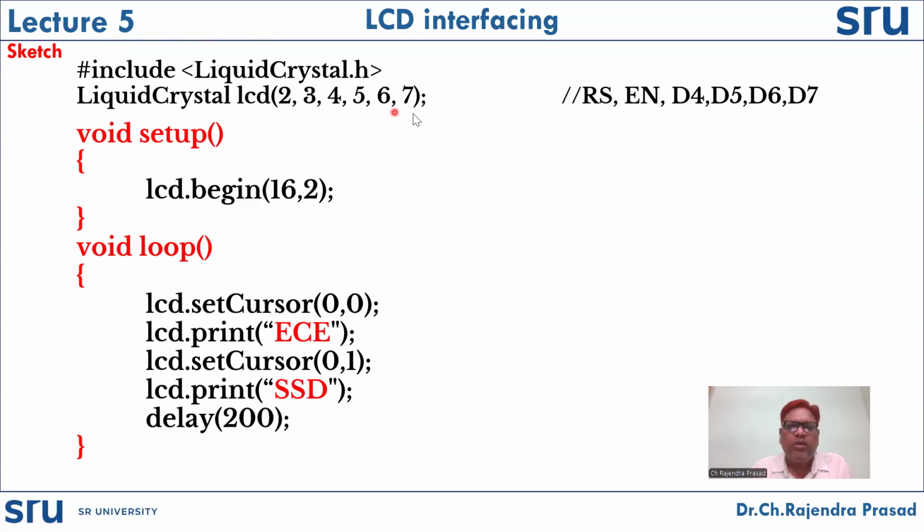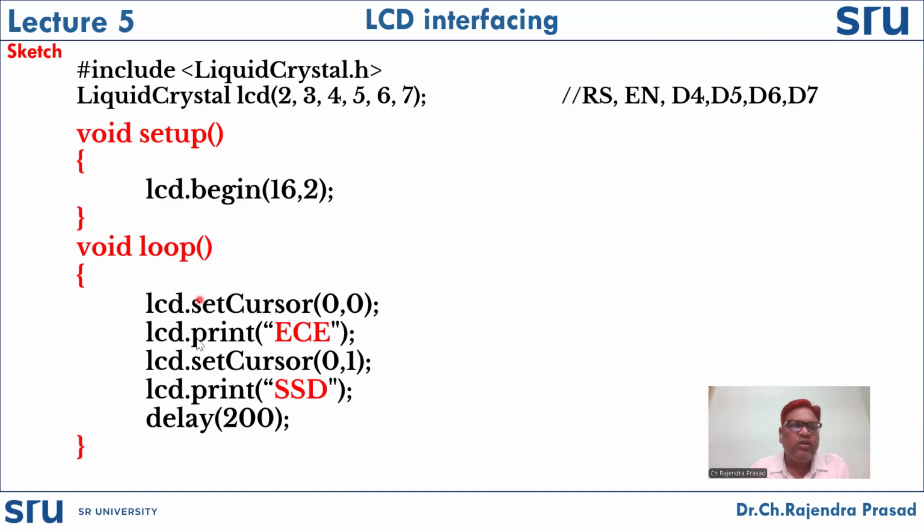And the parameters are based on the schematic diagram. I used the second, third, fourth, fifth, sixth, and seventh pins based on the sequence only. And then within the setup, I defined the size of the LCD as 16 cross 2. Why? Because in the schematic diagram, I used 16 cross 2 only.